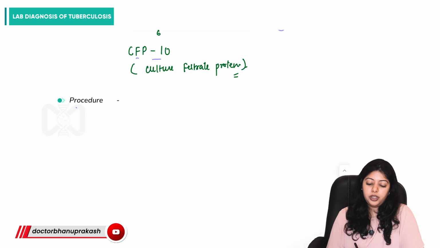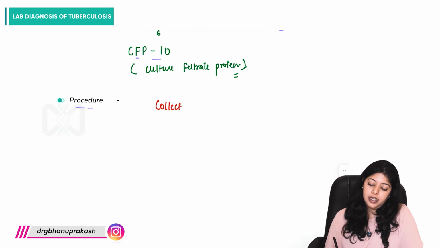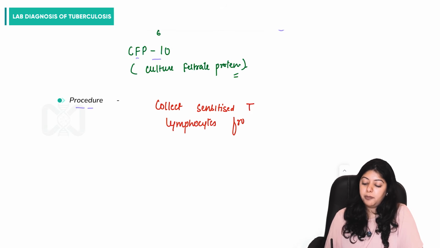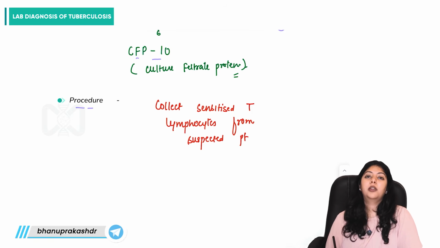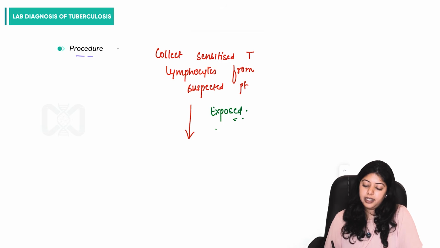So what is the procedure that we follow in this particular test? What exactly are we doing? We are going to collect sensitized T lymphocytes from suspected patients. Now, these T lymphocytes would be exposed to these highly specific targets that are ESAT and CFP10.